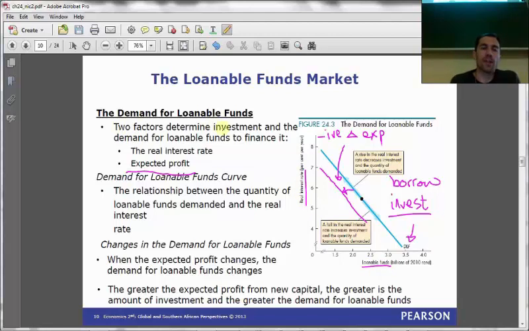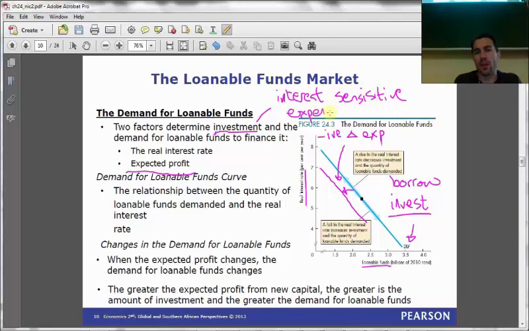So two factors determine investment and demand for loanable funds. So remember, demand for loanable funds is essentially the same as investment. Or a more general term for investment would be interest-sensitive expenditure.